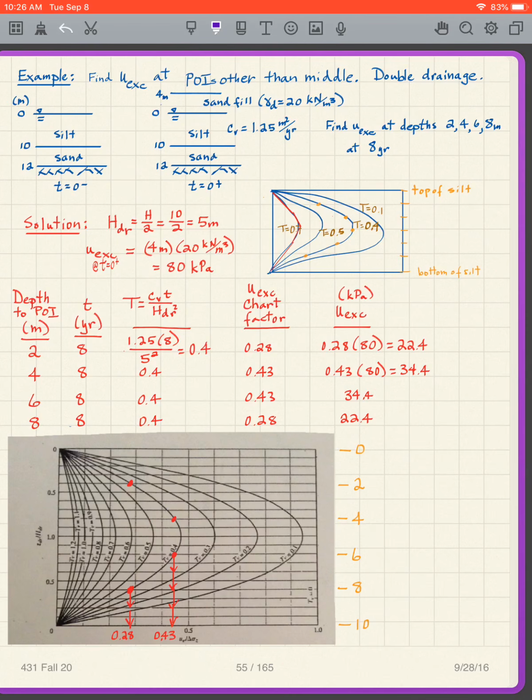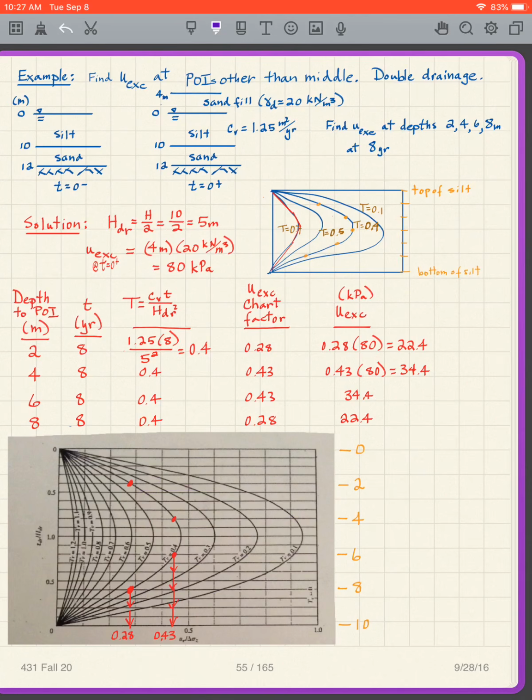So I come in here at 2, at 4, at 6, and at 8, I go to my curve and I read off the values. You can see there's symmetry here because it's double drainage and it's symmetric on top of the bottom.